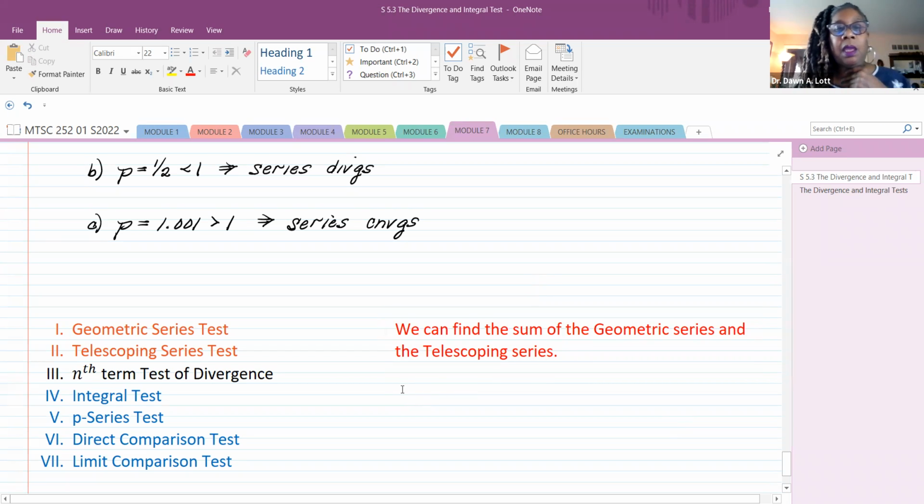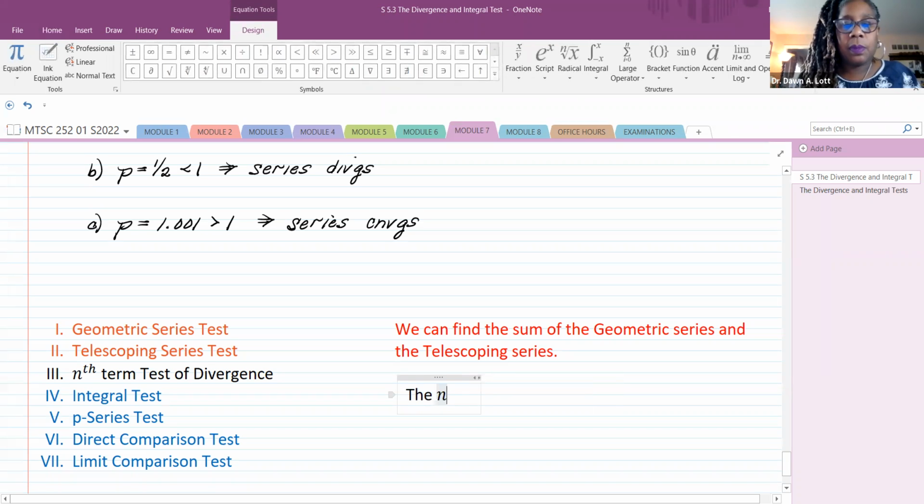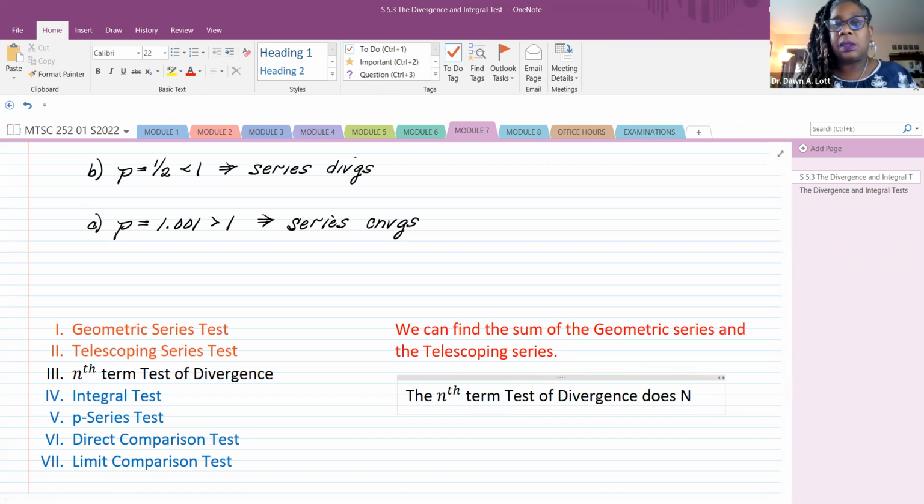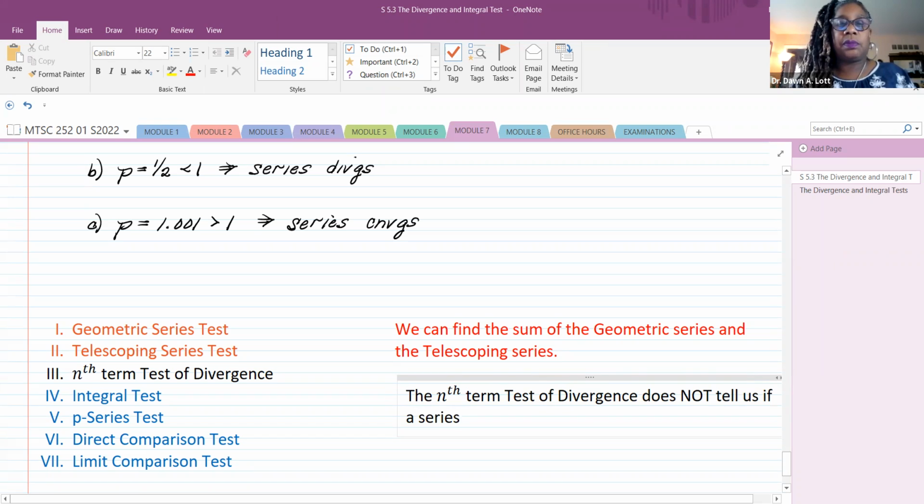Okay. There's only one test that does not tell us whether a series converges. The nth term test of divergence does not tell us if a series converges.